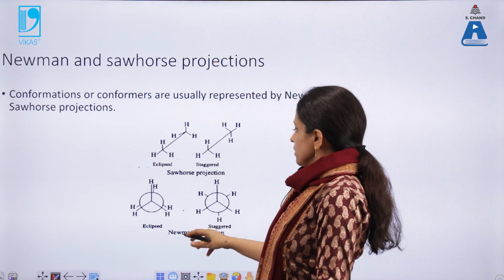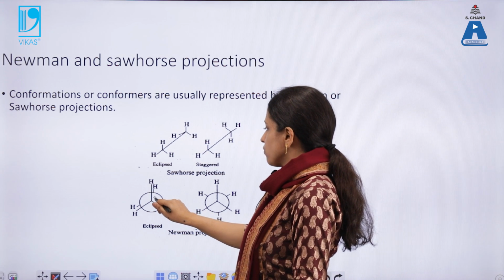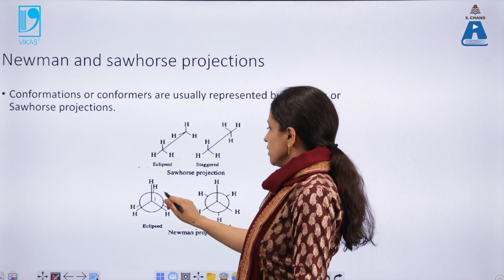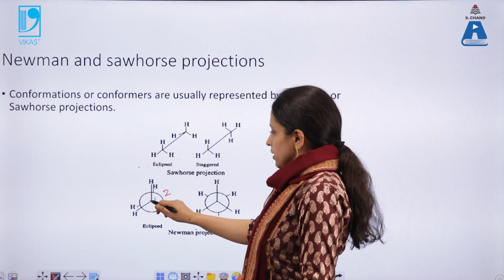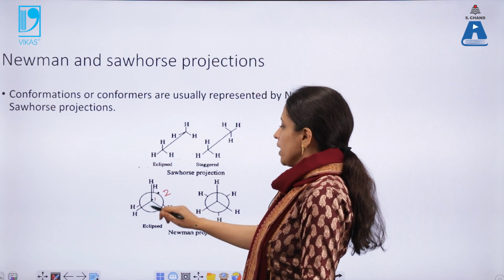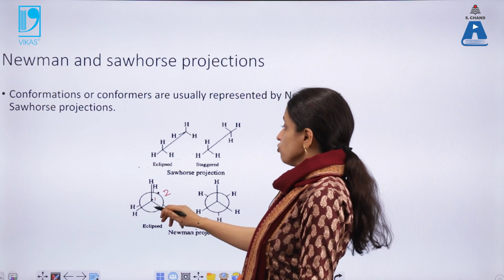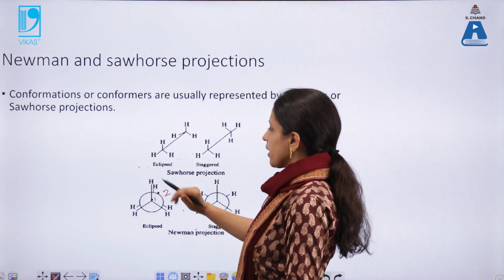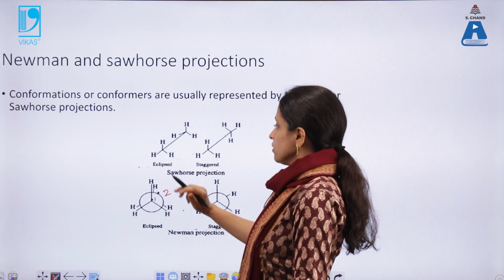In the Newman projection, if this is marked as C1 of ethane and the circle is marked as C2, then this center is connected to the carbon through a single bond, while the hydrogens on C1 are in front and the hydrogens on C2 are just behind them.